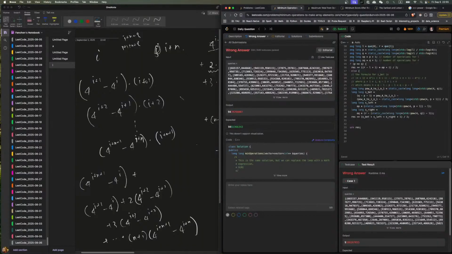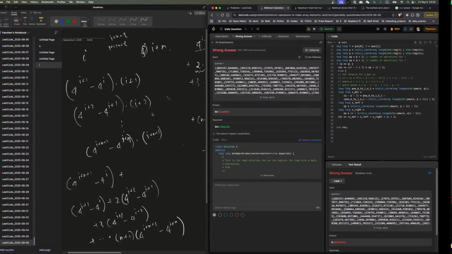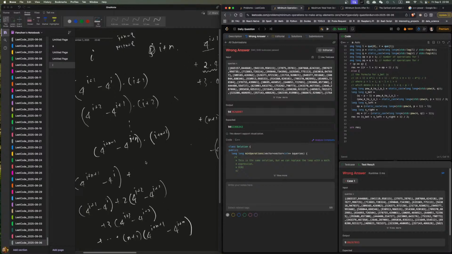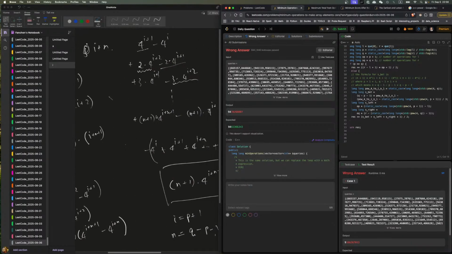I must be wrong somewhere. I just didn't realize. This looks right to me. 1, 2, 3, 4, all the way to the last one.